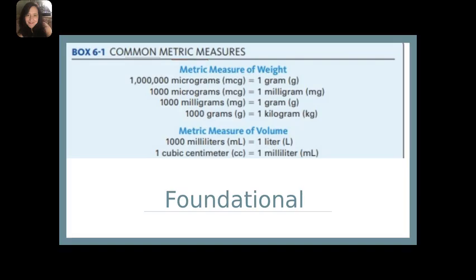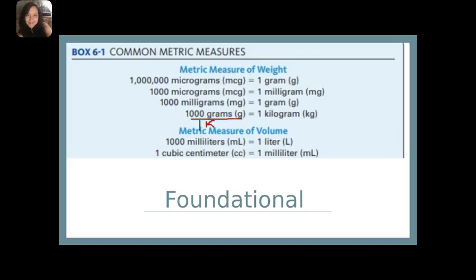So again, same concept as I mentioned, these would be useful as conversion factors. And let's take a look at this. If we had, for instance, 1,000 grams, we could write this as 1,000 grams over 1 kilogram.